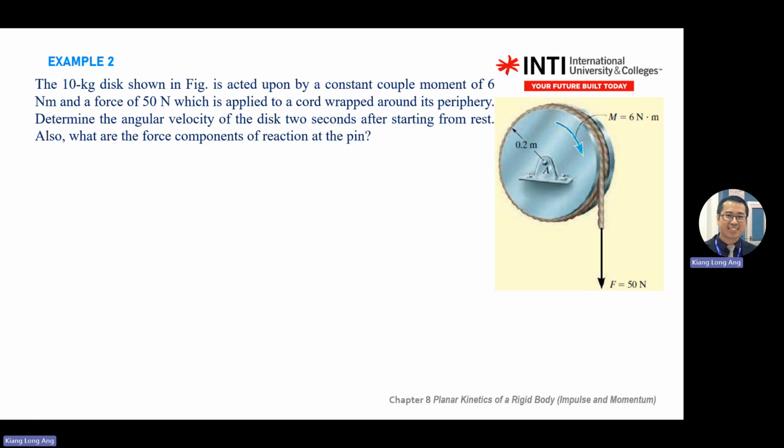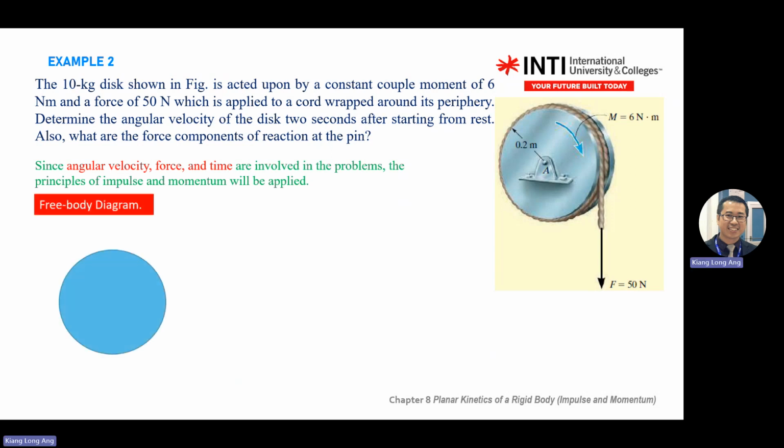Okay, so you start with the free body diagram. You draw the free body diagram. If you're given a point, transfer the point into the free body diagram, A. And we know from our PowerPoint slides that you always break your equation into X and Y direction.